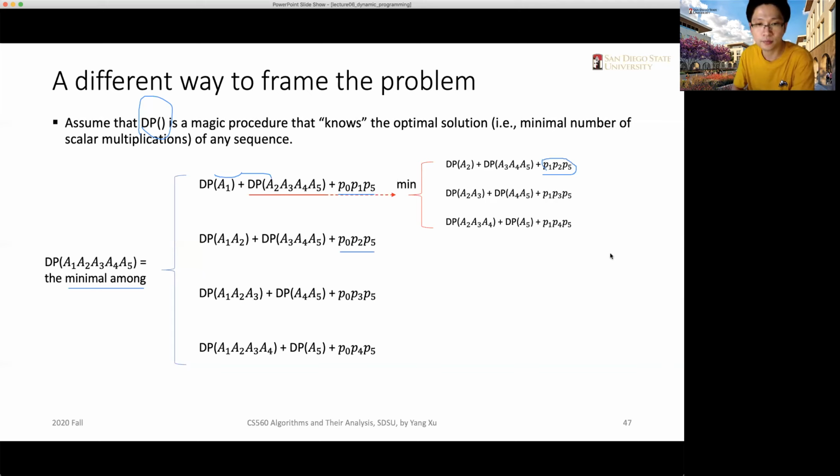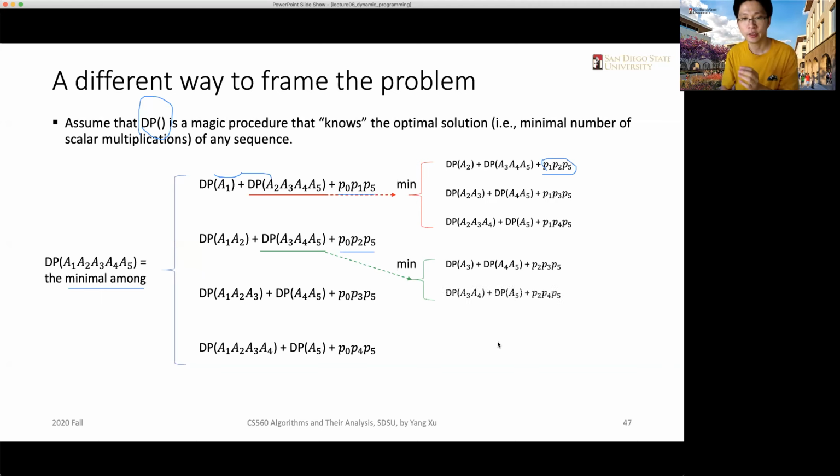And if you look at the second subproblem, the dp of A3 to A5, it's also a minimum choice among two options, which is parenthesize A3 and parenthesize A4 to A5, or A3 to A4 and then A5. So now we have expanded the subproblems into even smaller subproblems.